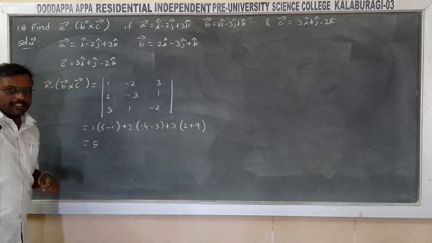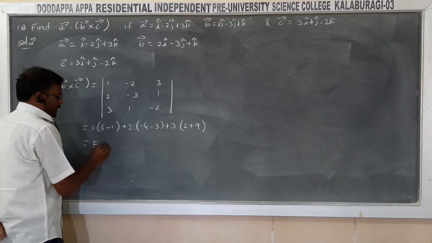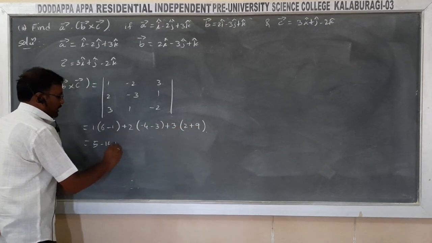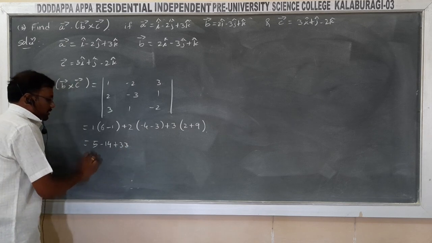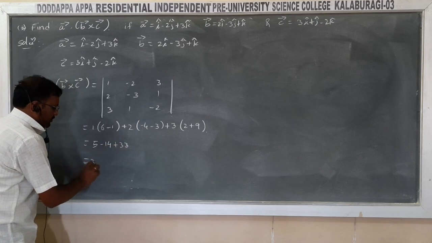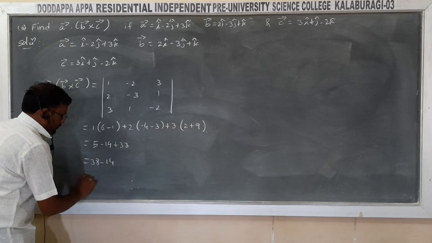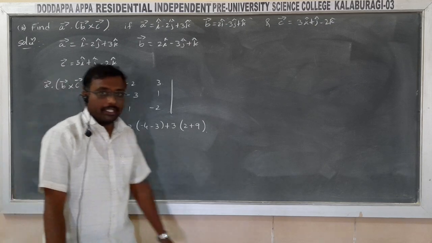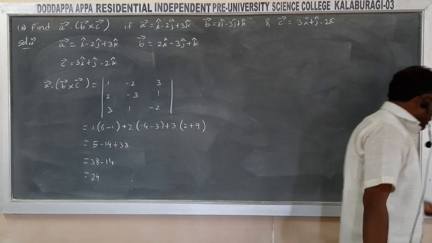Minus 4 minus 3 is minus 7. Plus into minus, minus 14. 2 plus 9 is 11. 11 into 3 is 33. So 33 plus 5 is 38, minus 14. That is 24. Okay.